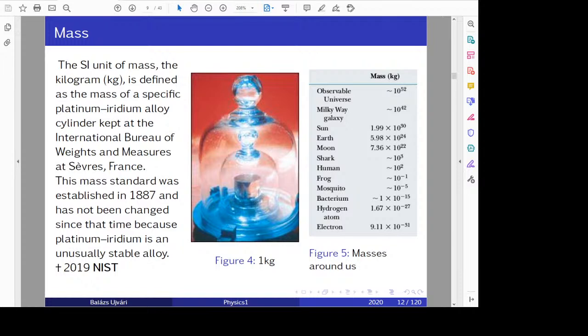Later, the mass was represented by a very tricky measurement. You can click on this NIST, which is the office in the United States that works on the units, on the standards, and so on.